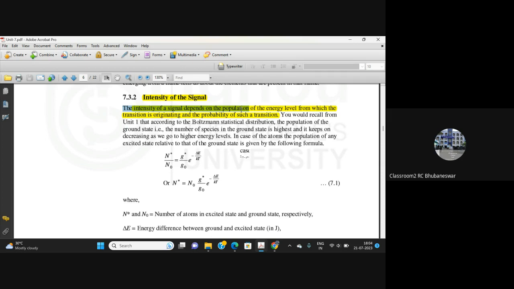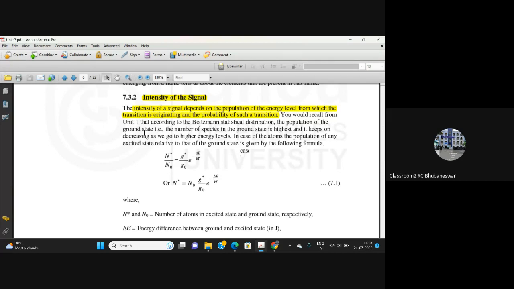So the intensity of a signal depends on the population of the energy level from which the transition originates, and the probability of such transition. The probability of transition will increase if your population in the ground state is more, which leads to the transition happening.